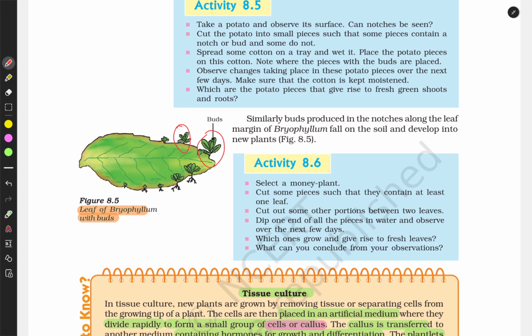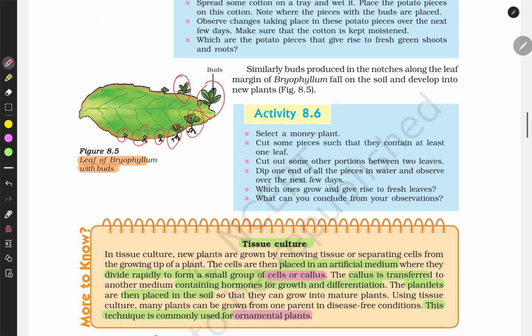We have also seen a similar thing in this plant, where from the leaf of this plant a new plant grows this way on reaching specific conditions. And different plants have different specific conditions.